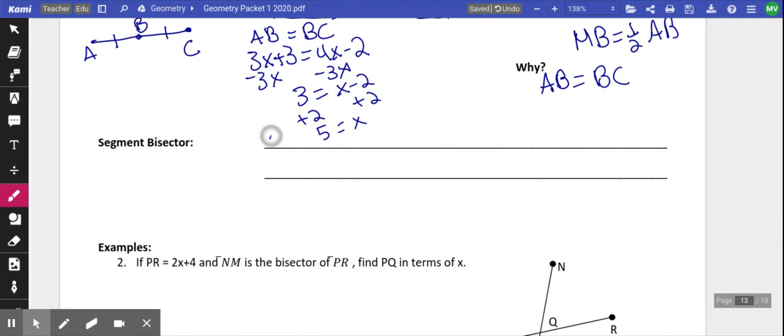A segment bisector is a line that goes through the midpoint of a segment.